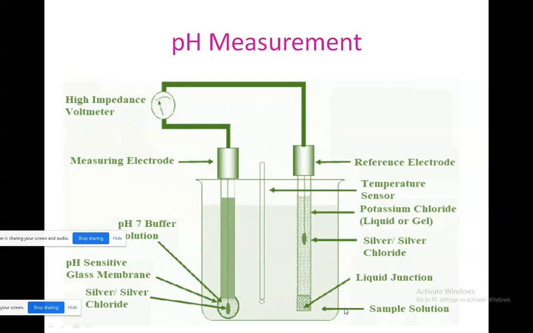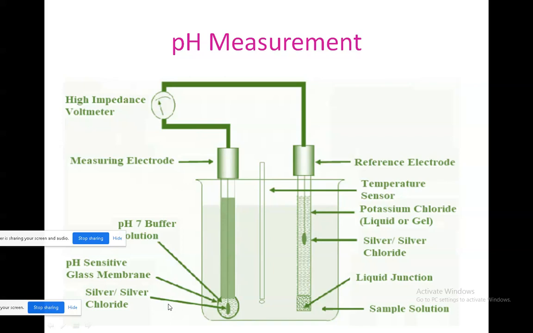You take the solution which you want to measure in a container. You will have two electrodes: one is the active electrode and the other is a reference electrode. Only the active electrode has that bulb at the edge.